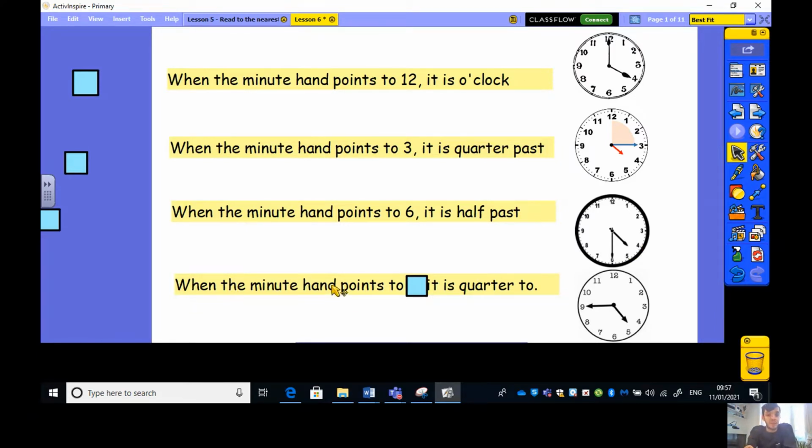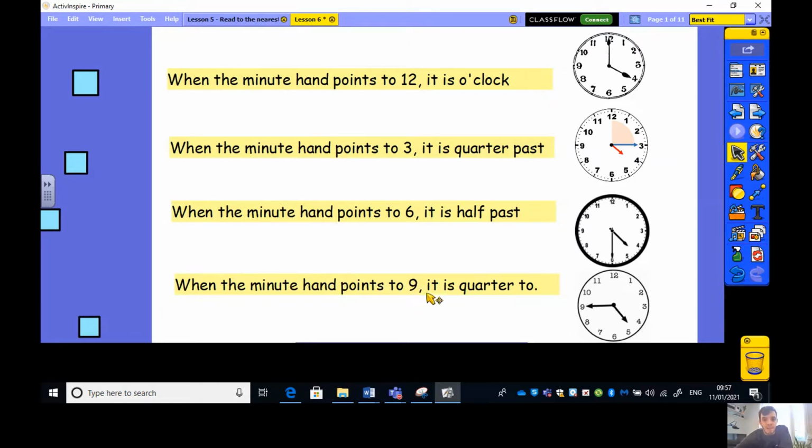Okay. Last one. When the minute hand points to something, it is quarter to the hour. What number on the hour scale does the minute hand point to when it is quarter to the hour? Tell your partner. And now tell me through the computer. Well done if you said the 9.